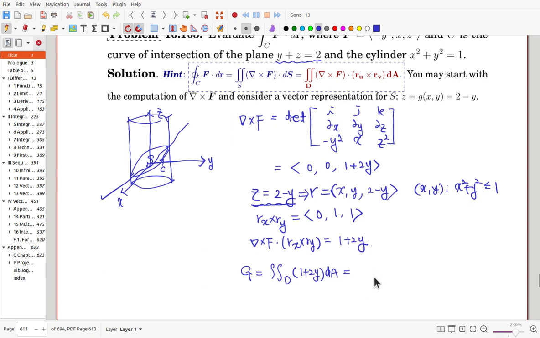D is a polar region, the whole circle, so the angle must be from 0 to 2 pi. R, radius 1, from 0 to 1, and 1 plus 2y is 1 plus 2r sine theta, and we have another r, the scaling factor for polar coordinates, and dr d theta.